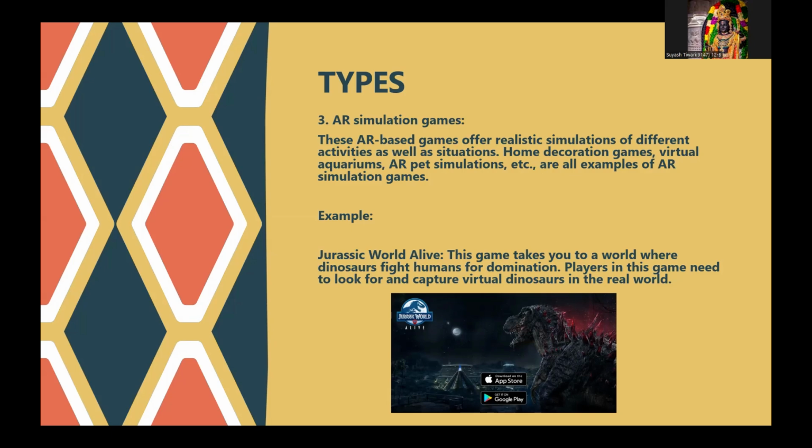Once the player scans that card with the app, a 3D version of the dinosaur of Jurassic Park will be created, and there will be a fight between the two dinosaurs, one generated from your card and the other from your friend's. It gives a real-time experience, and moreover it looks really attractive when you play this game. So it is the third type, the AR simulation game.